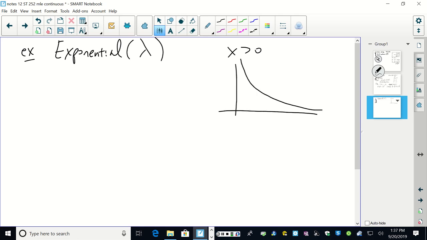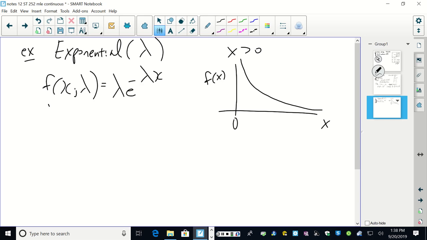The density function, f of x, is going to be a downward sloping function. It's 0 below that technically, but it's like this. So there's a great probability of having things that are close to 0. Right? And the exact form of it, f of x, the parameter lambda, is lambda e to the negative lambda x. And this lambda parameter has a parameter space that's greater than 0.